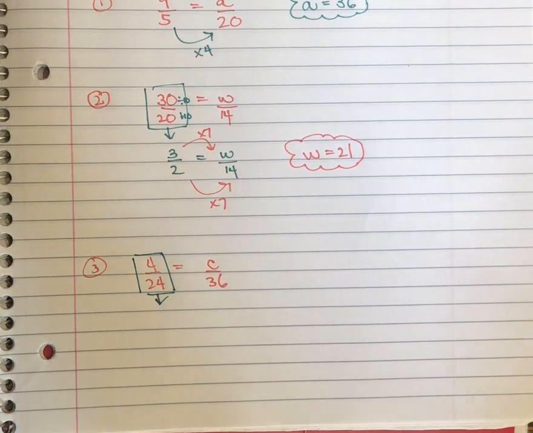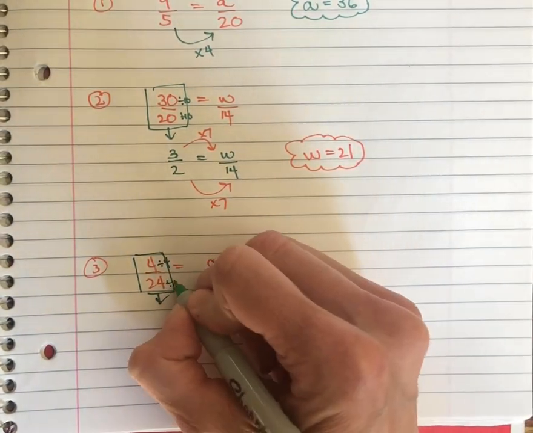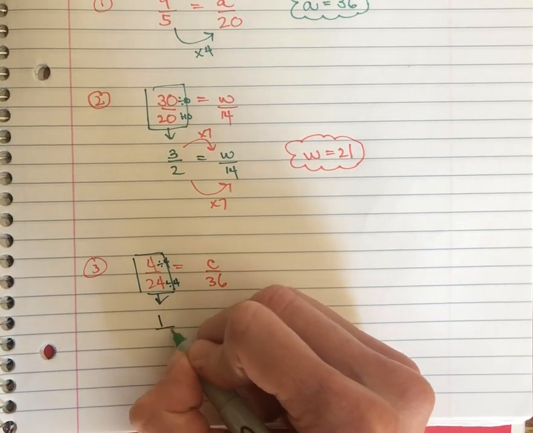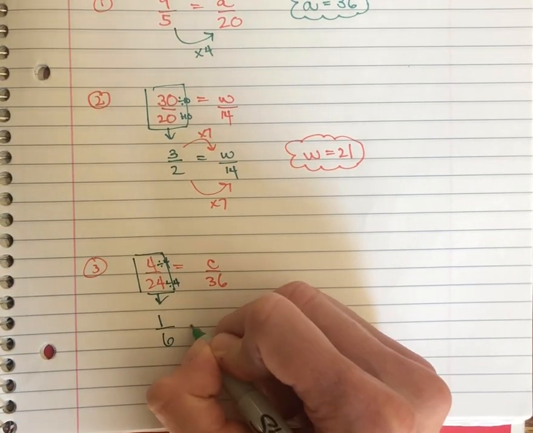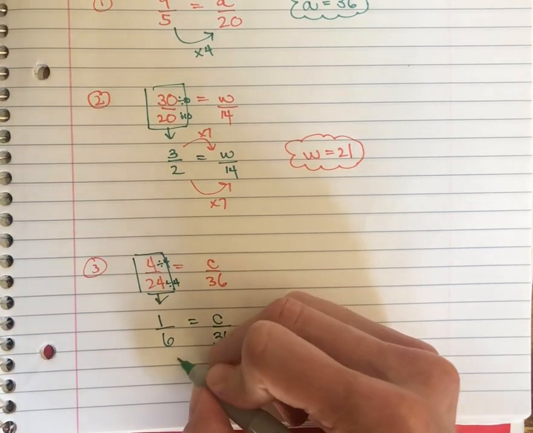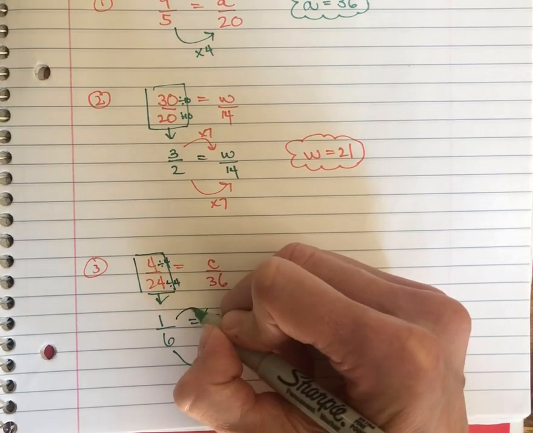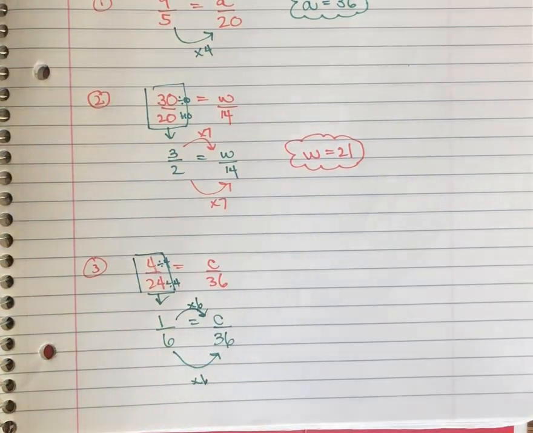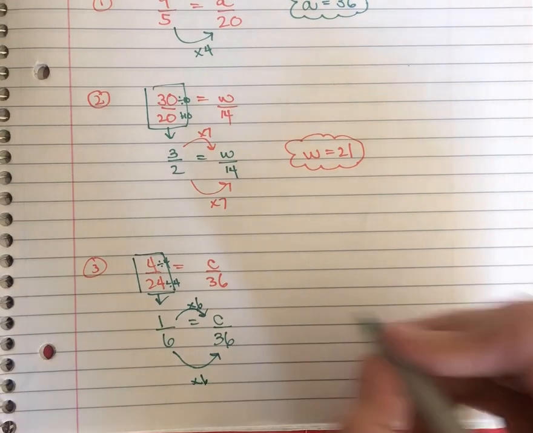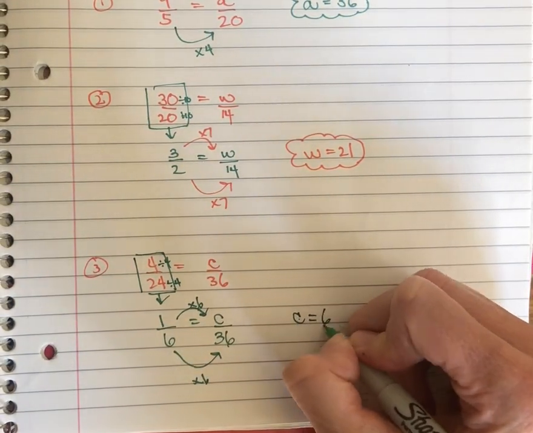These are both divisible by 4, and my equivalent ratio is 1 to 6. Drop in the second half of our proportion. 6 times 6 makes 36. We find our equivalent ratio by doing the same to the numerator and the denominator. 1 times 6 is 6, so the value for C is 6.